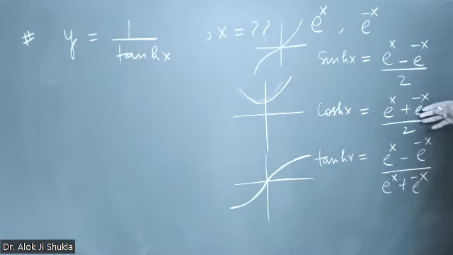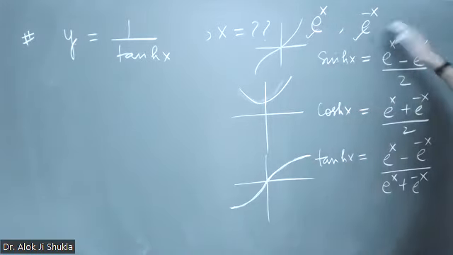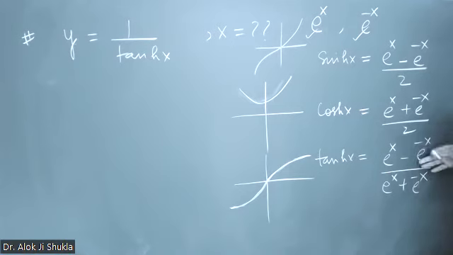They add or subtract e to the power x and e to the power minus x in certain ways to get hyperbolic functions. Is that okay? You understood a little bit or not? Understood, sir.